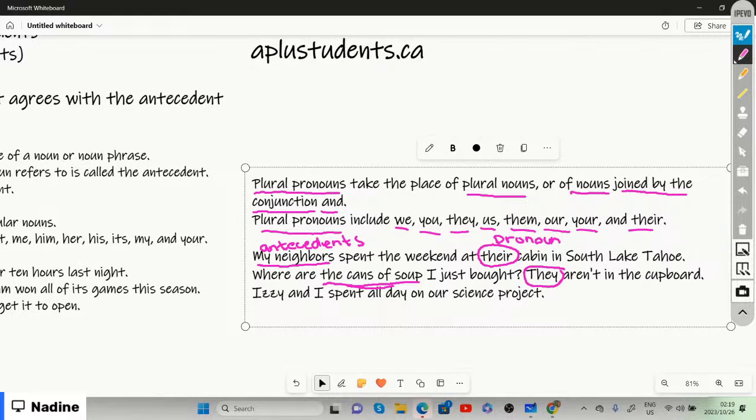Instead of saying they, we could have said, the cans of soup aren't in the cupboard. But instead of repeating, we just say they are not in the cupboard. And it refers to more than one can of soup.